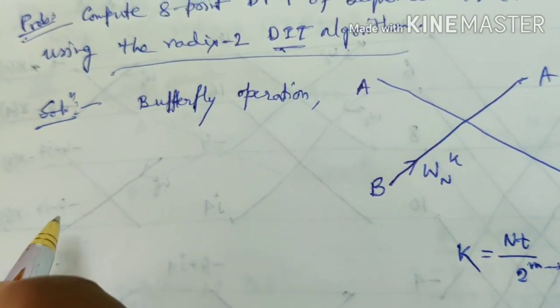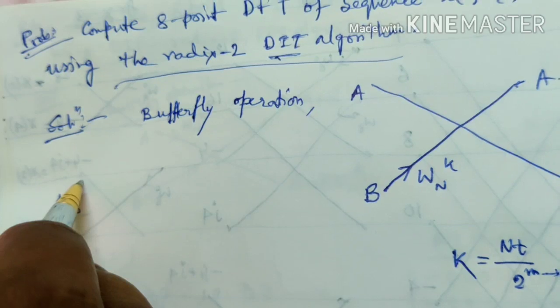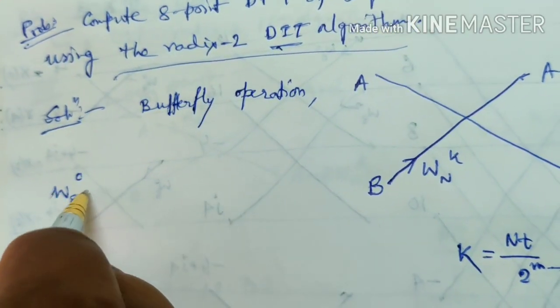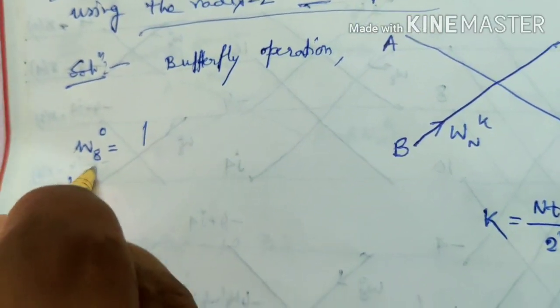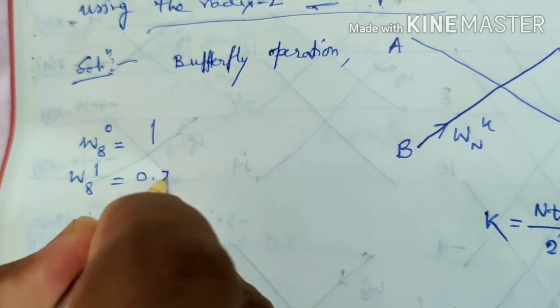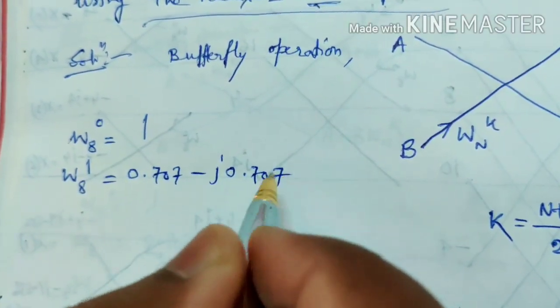So the values of the twiddle factor for the 8-point DFT: omega 8 0 is 1. Omega 8 1 is 0.707 minus j 0.707.